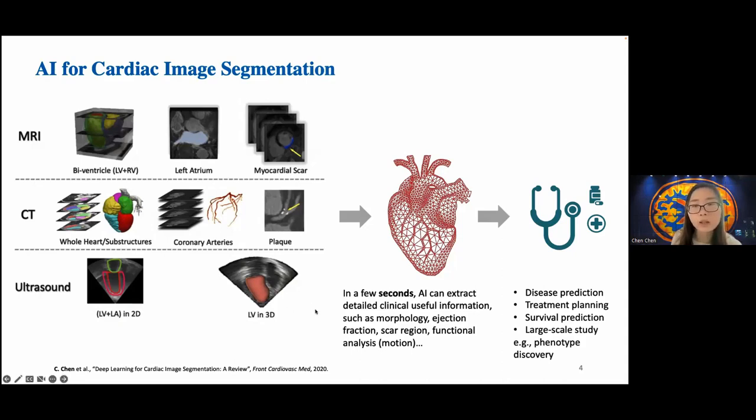But with AI, it can just take a few seconds to get a full picture of clinically useful information, such as shapes, volumes, etc. Because of its great efficiency, we can now use it to analyze large population data for clinical studies, as well as phenotype discovery. So AI has great potential to speed up and transform healthcare services.